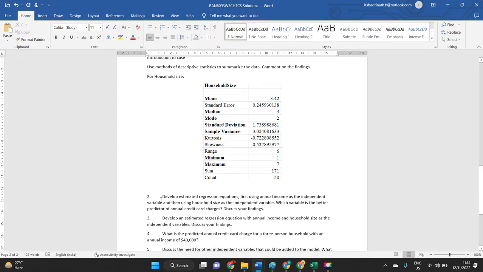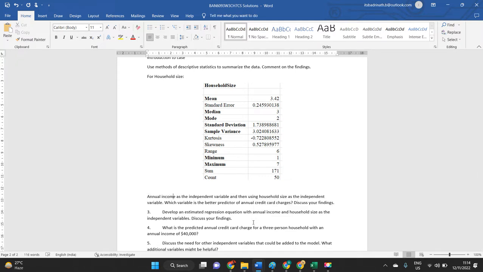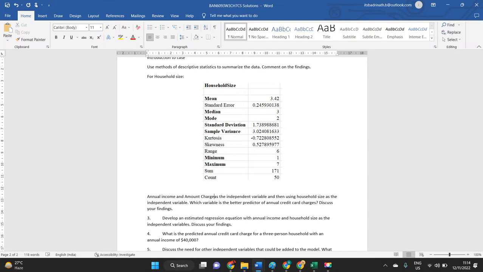The next question is the relationship between variables. We try to establish the relationship between annual income as the independent variable and amount charged as the dependent variable. Again, we establish the relationship between household size and amount charged.